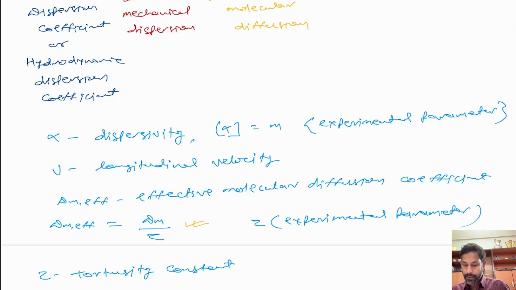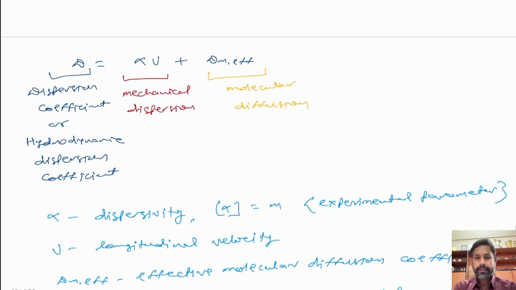Okay, so now we have seen that your total dispersion is happening both because of mechanical dispersion as well as molecular diffusion. So we have to figure out in which kind of conditions the effects of mechanical dispersion are more, or in which conditions the effects of molecular diffusion are more.